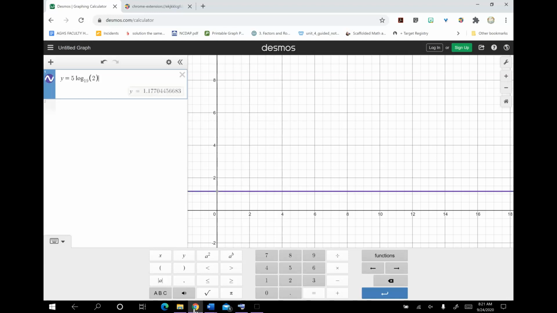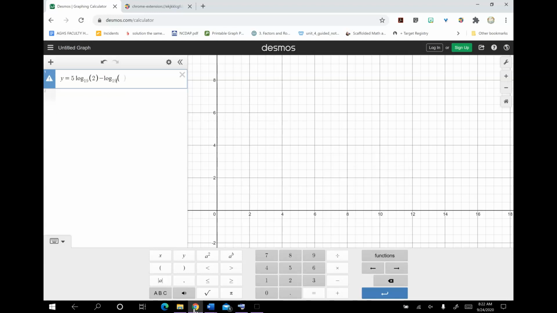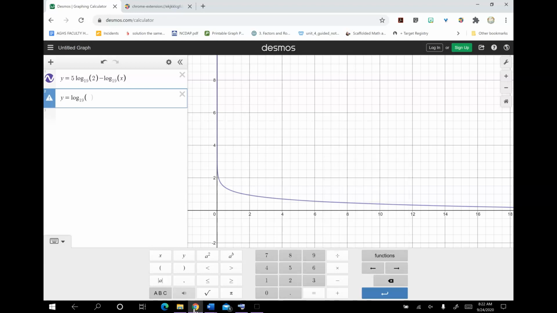Close that parentheses, then hit minus, and it was minus log 19 of x. That was it for the left-hand side. Right-hand side is going to be y equals log 19 of 8. So log 19 of 8.